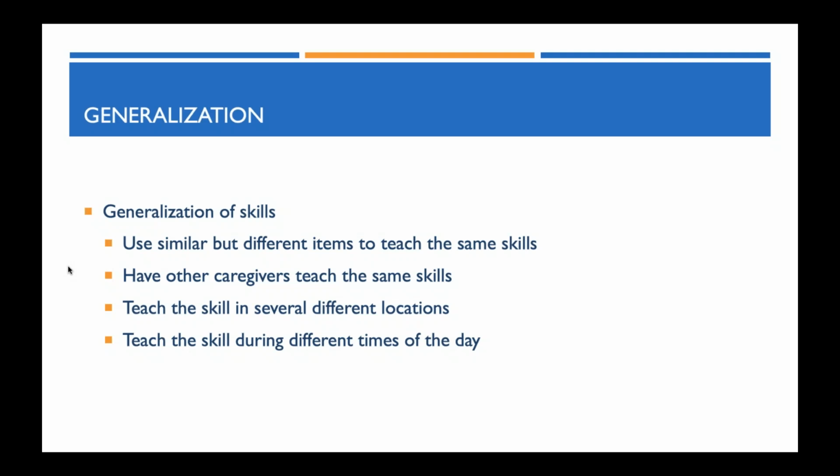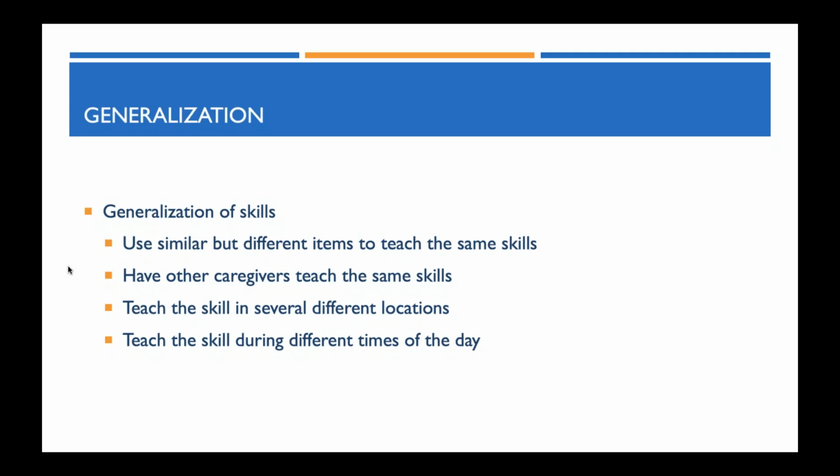For example, if you're teaching a child to tie their shoes, you want to generalize the skills with different shoes. So use different articles of clothing if you're working on dressing skills. So to make sure that they know the skills across different materials.